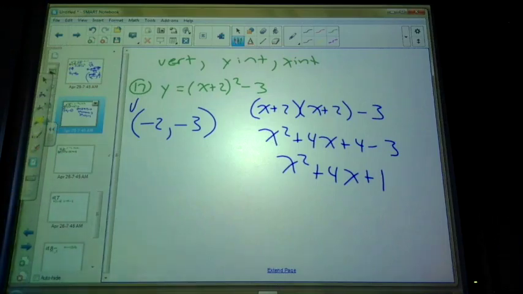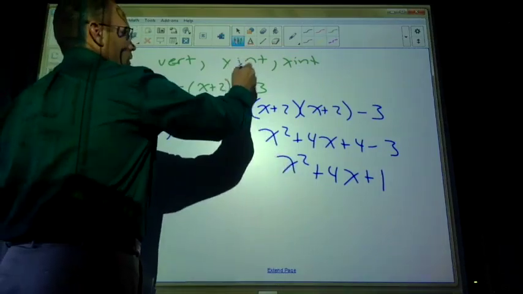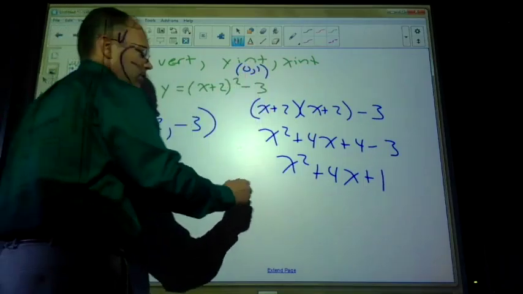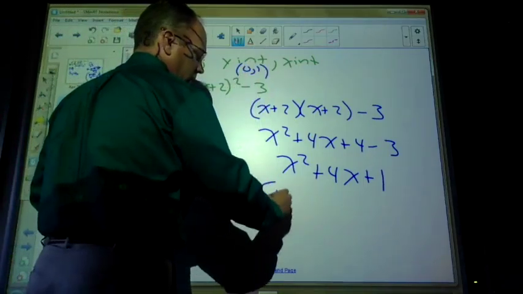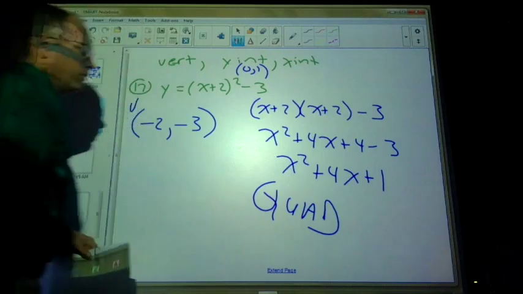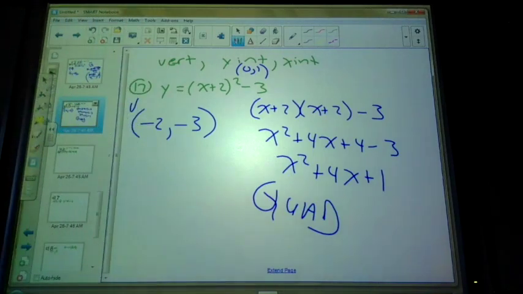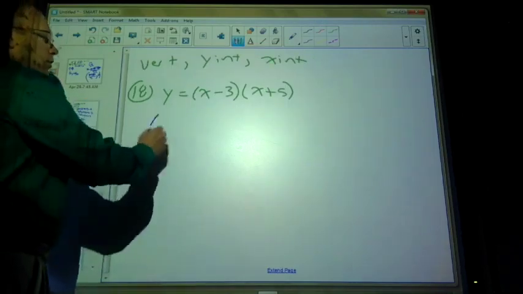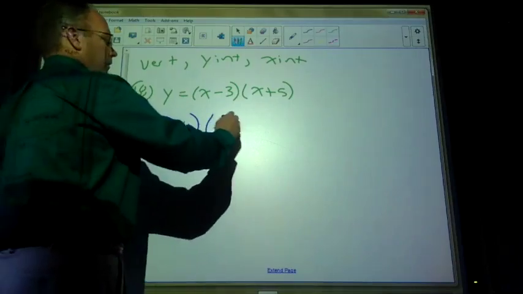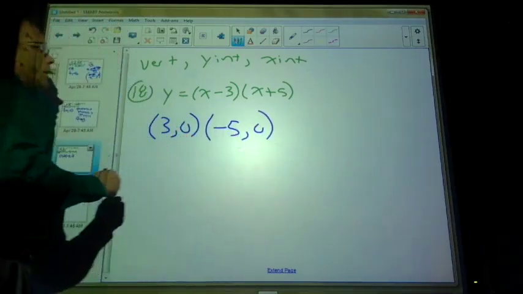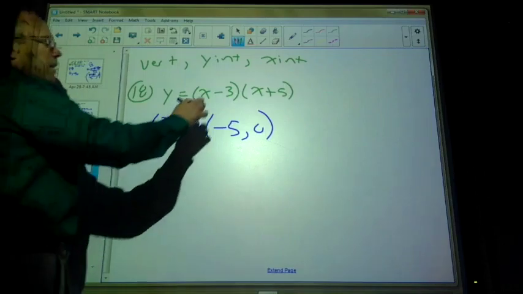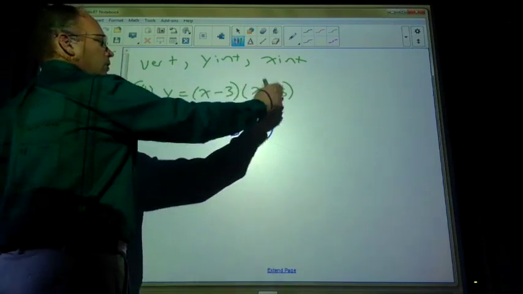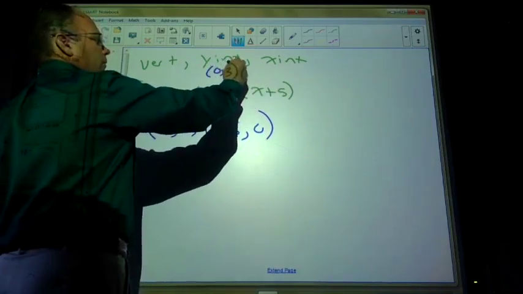In order to find the x-intercepts, use your quadratic formula on it. The y-intercept should be 0, 1. Okay, because 2 numbers don't multiply to give me 1, add to give me 4. X-intercepts, 3, 0, -5, 0. The y-intercept, multiplier constant, so that's 0, -15.